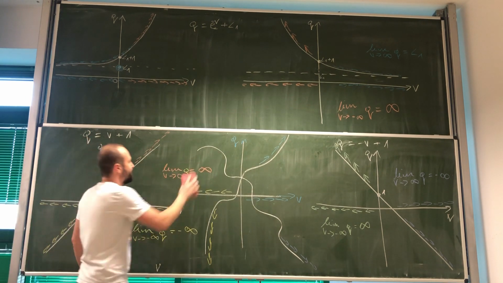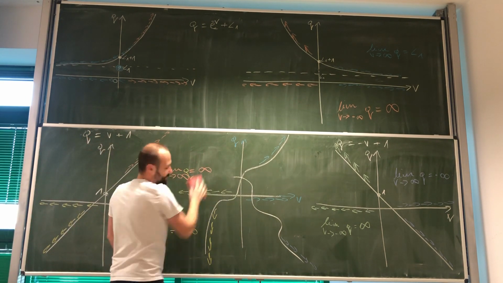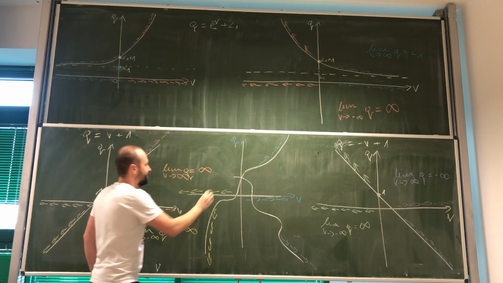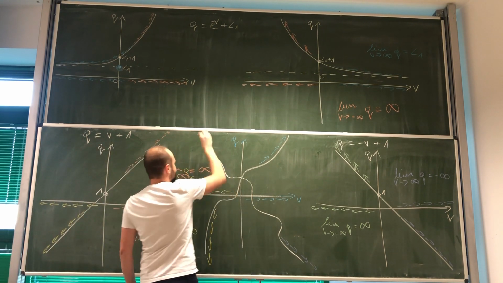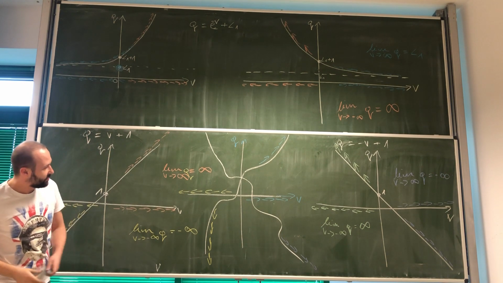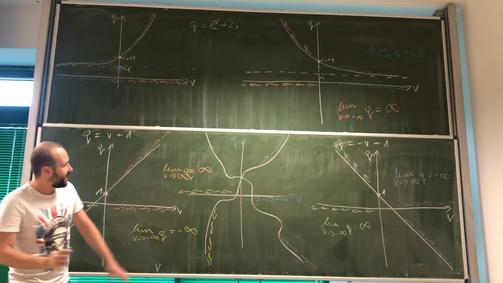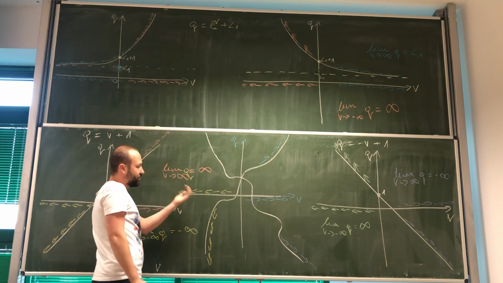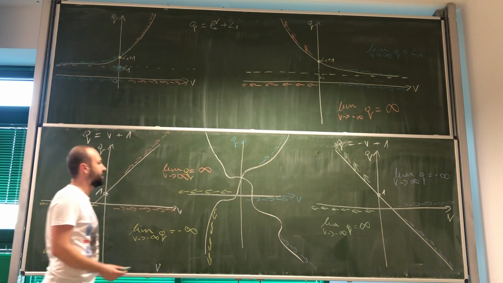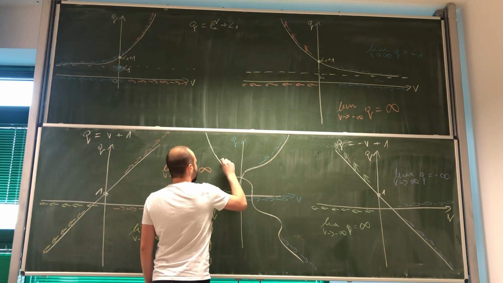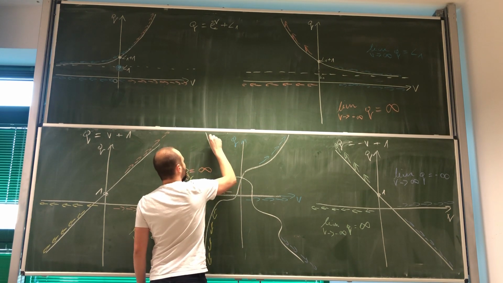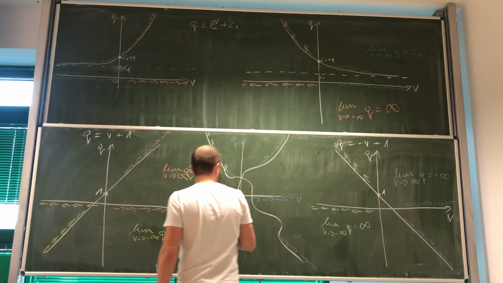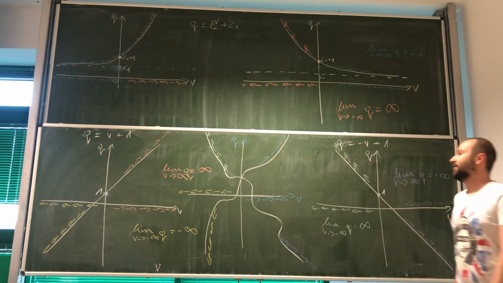Here my drawing is very bad. I'm sorry. Here it should be more like this, and here you can see that as v is becoming smaller and smaller and going to negative infinity, the values of the function, so q, are getting bigger and bigger, so the limit is infinity.